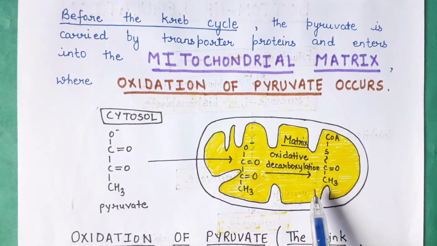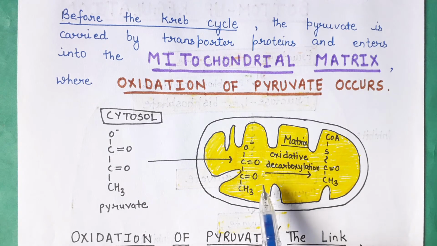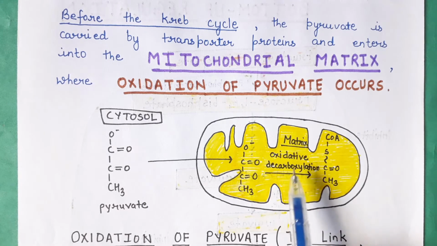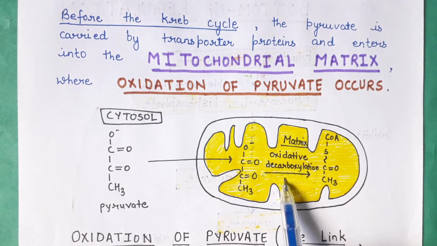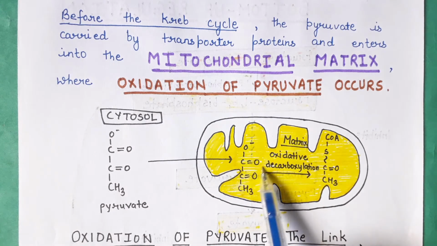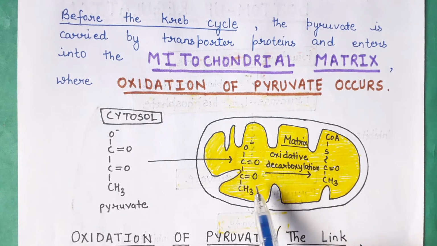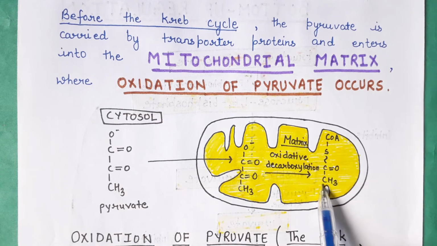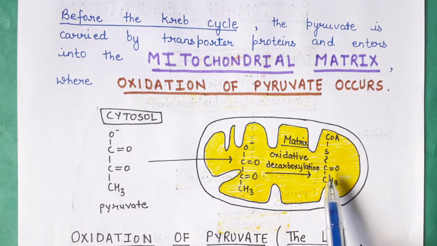So this is about the oxidation of pyruvate. What is the oxidation of pyruvate? The pyruvate enters the mitochondrial matrix. It undergoes oxidative decarboxylation, due to which there is removal of a CO2 from the pyruvate, and the pyruvate gets converted into acetyl CoA.